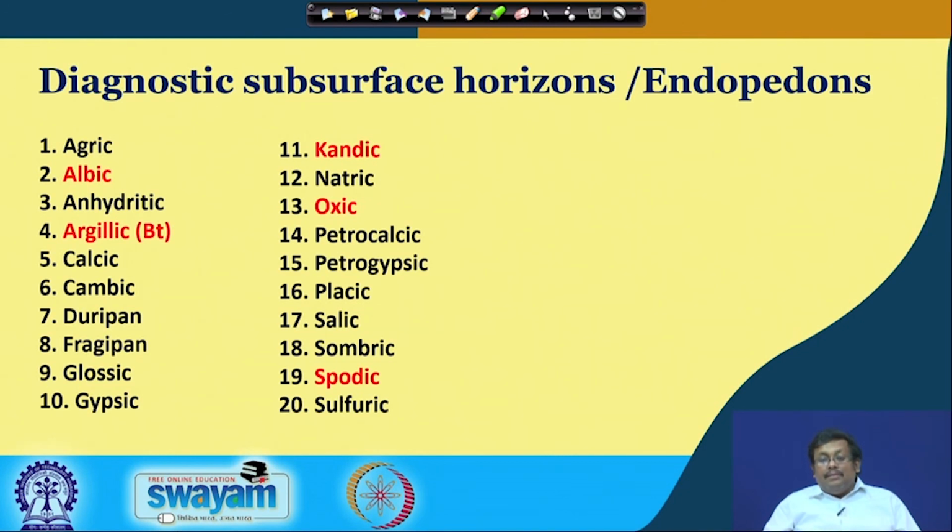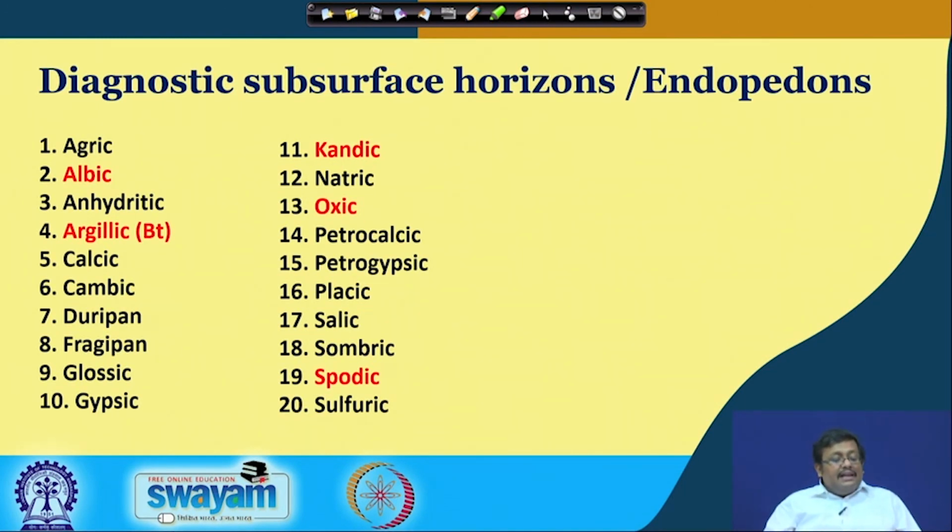Remember that a considerable amount of subsurface horizon occurs due to alluviation, or deposit of alluviated materials from upper horizons to lower horizons, which I have already covered in our soil formation lecture.